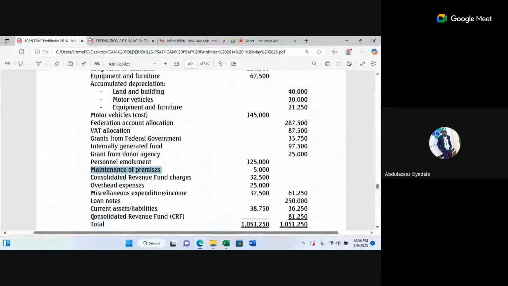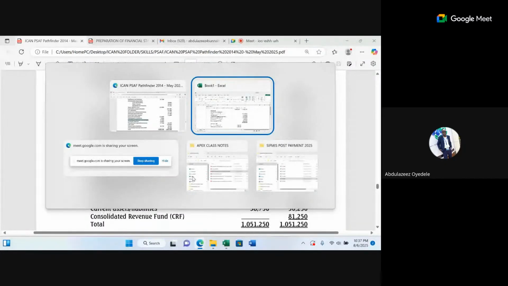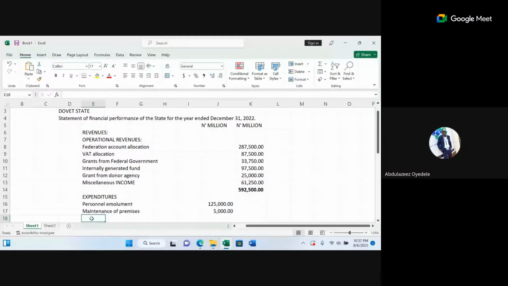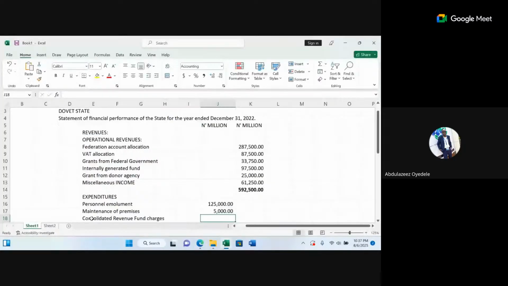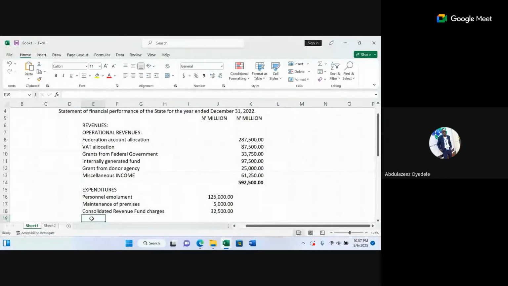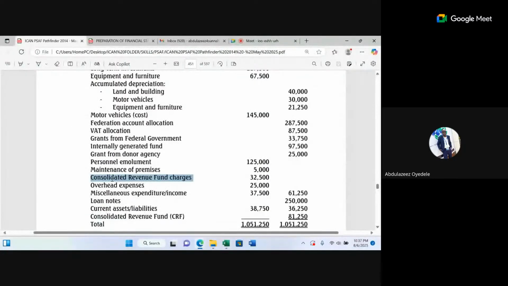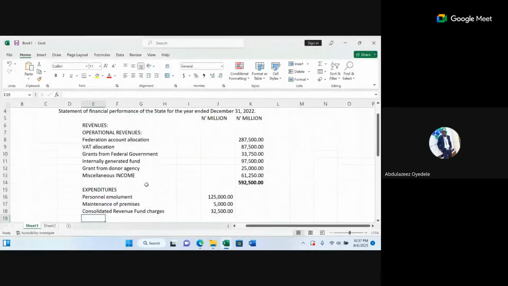We also have consolidated revenue fund charges, that is expenditures that were taken from the consolidated revenue fund, and that is 32,500,000,000. We also have overhead expenses, which is 25 billion.